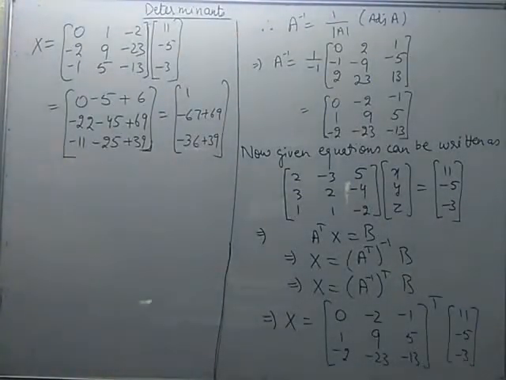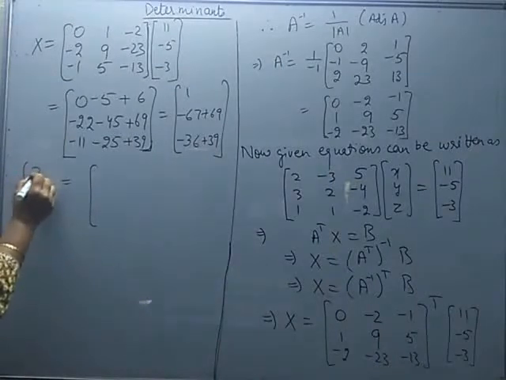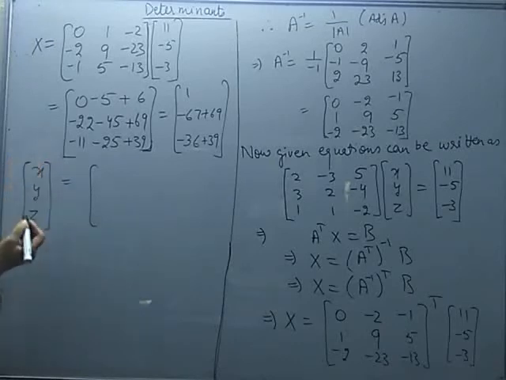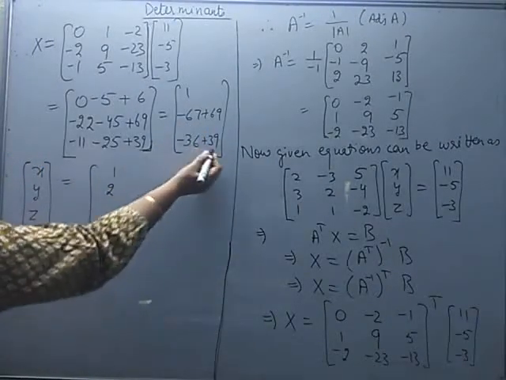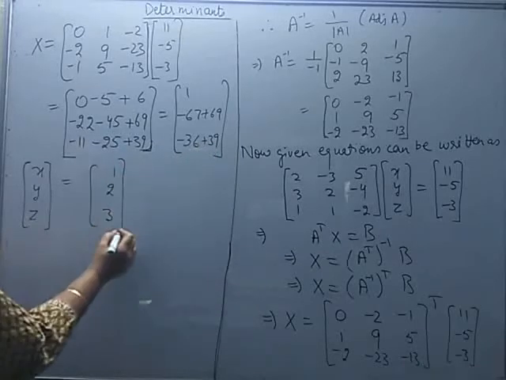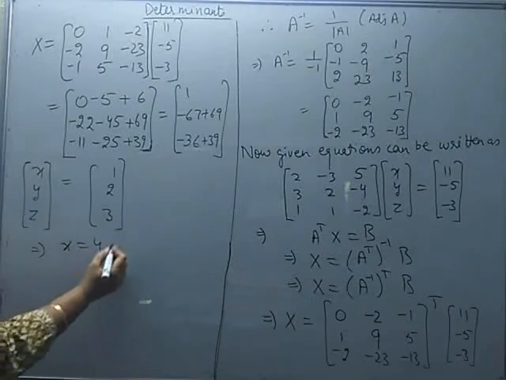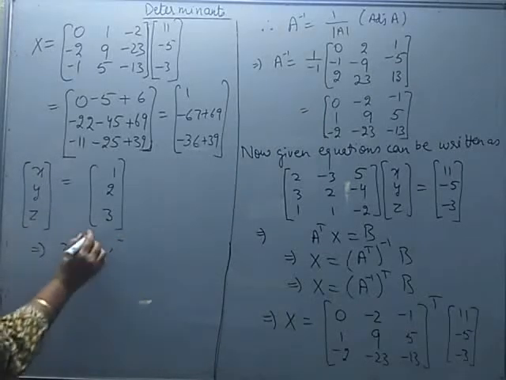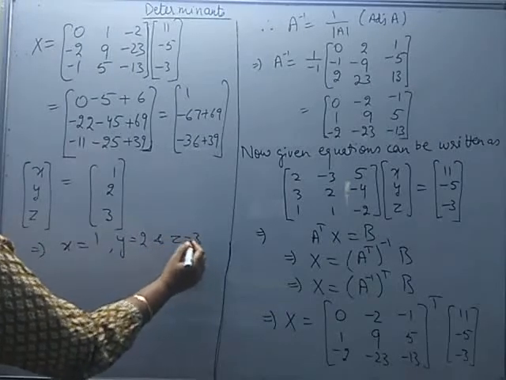Now we can simplify the second and third elements also of the same column, and replace capital X by the matrix it denotes. So this is 1, this difference comes out to be 2, and 39 minus 36 comes out to be 3. So this implies X is 1, Y is 2, and Z is 3.